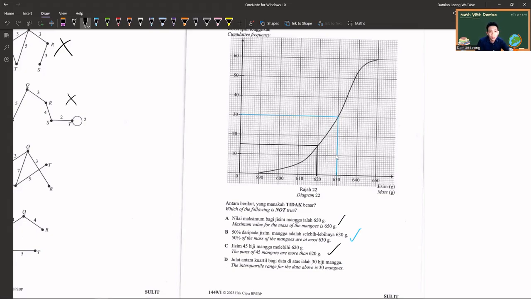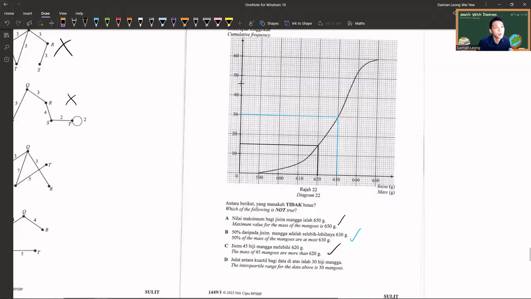Jumlah antara kuartil bagi data di atas adalah 30 biji mangga. So first kuartil pertama 15. 1/4 of 60. Satu suku bagi 60 ialah 15. 15 dia match kepada 620. Lepas tu 3 suku, 3 quarters is 3/4.